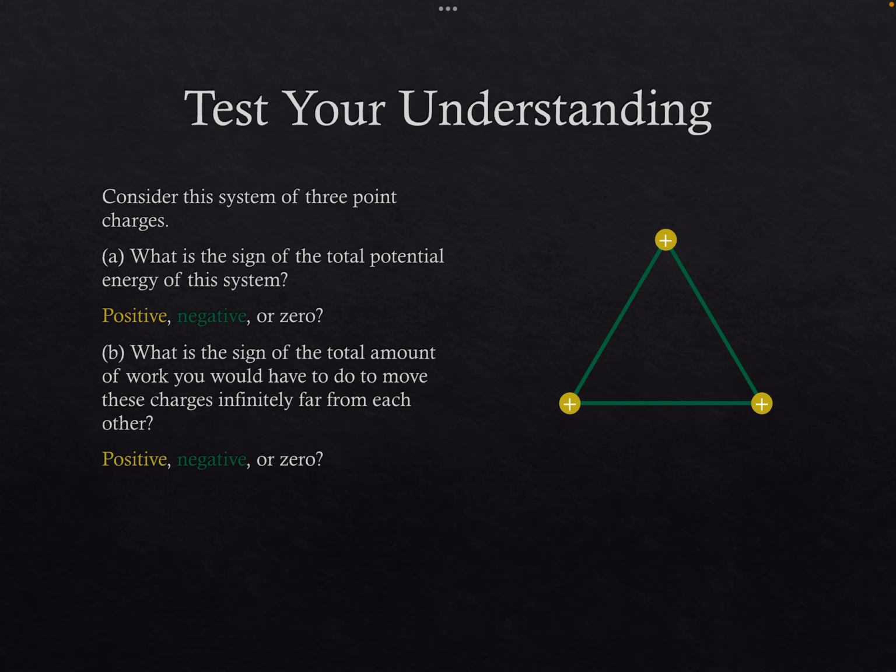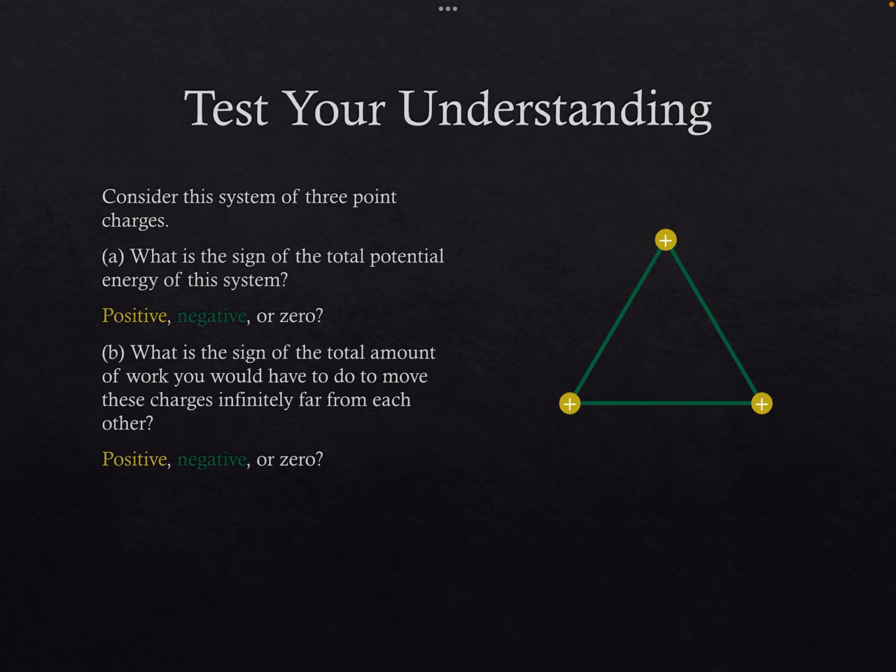So let's do kind of a conceptual check here. Here we have 3 positively charged point charges, arranged in kind of like a triangle. What is the sign of the total potential energy of this system? Is it positive, is it negative, or is it 0?